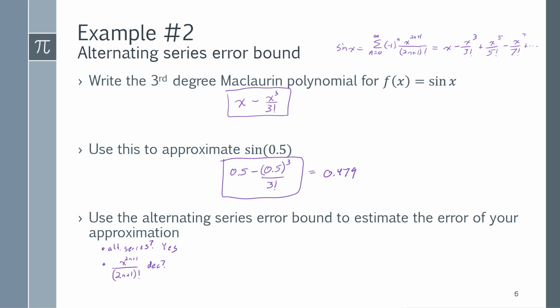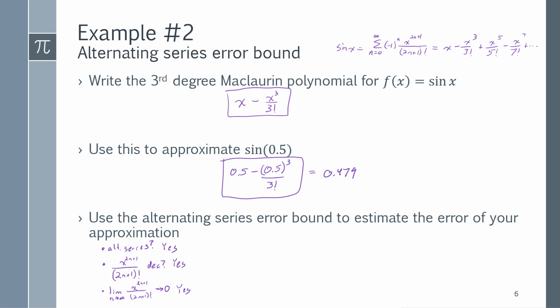Well, if you remember, factorials grow faster than polynomials. So my bottom is getting larger faster than the top is. So it is decreasing. And that allows me to say that the limit as n goes to infinity of x^(2n+1) over (2n+1) factorial is also approaching 0.